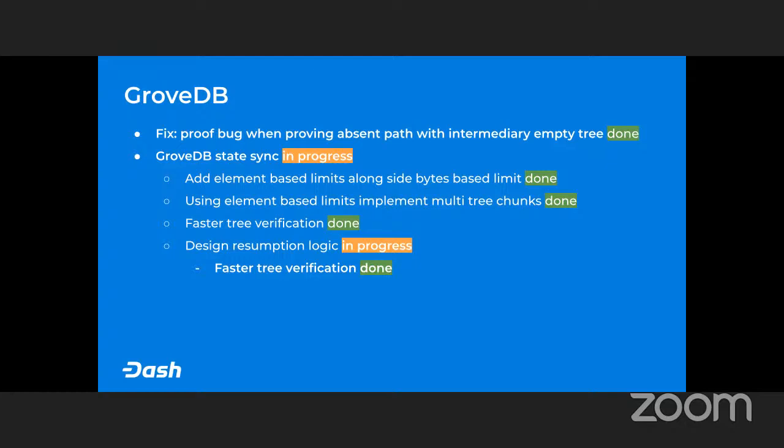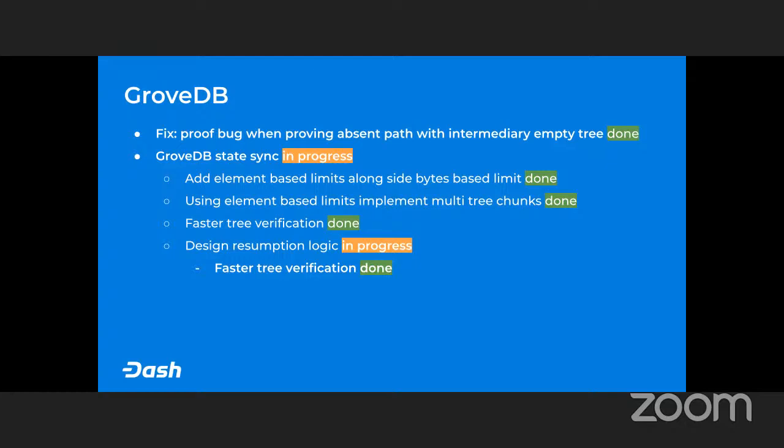So this was needed because of the multi-tree chunks, whereby you're having chunks that cut across multiple mercs at a time. So you can think of the entire GraphDB state as a triangle, where the top of the triangle is like the roots, and then the bottom has a lot of elements.